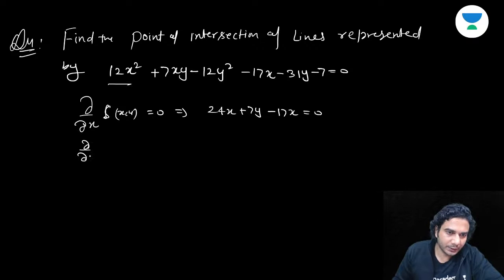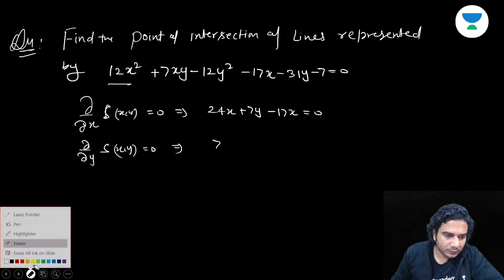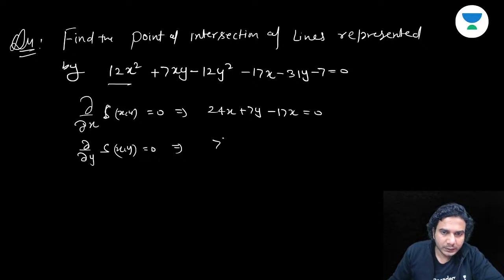If you differentiate this equation with respect to y partially, you will get 7x minus 24y minus 31 is equal to 0.